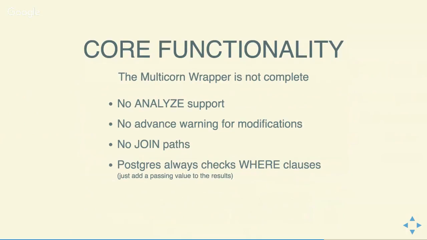Now, the Python Multicorn API is not complete, and what it lacks is analyze. So there's no way for your estimate to hook into the previous statistics that you have gathered unless you go and do that yourself. But then you'd basically be implementing a database for yourself, which would be a bit silly.